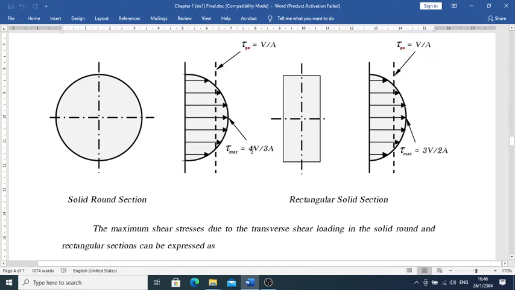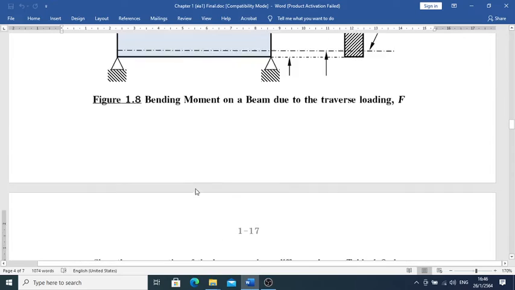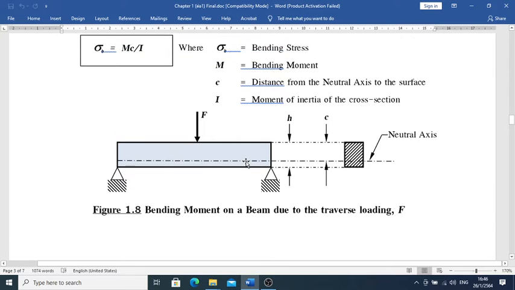This tau max is equal to 4V over 3A, and it is minimum at the surface. By comparison, sigma is maximum at the surface and minimum at the neutral axis.